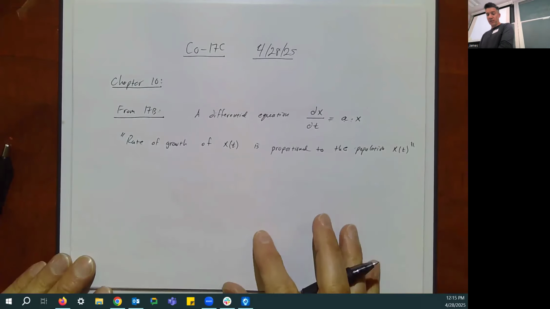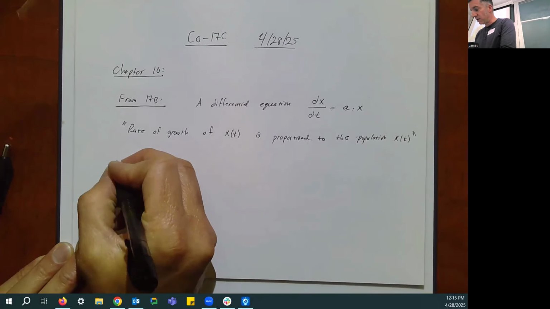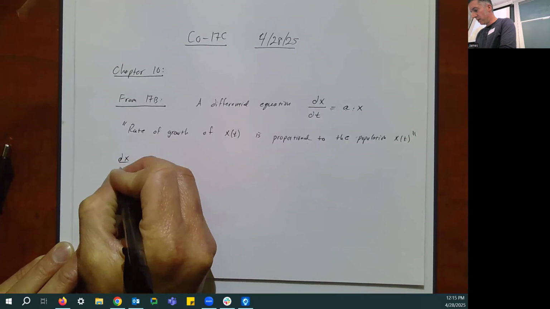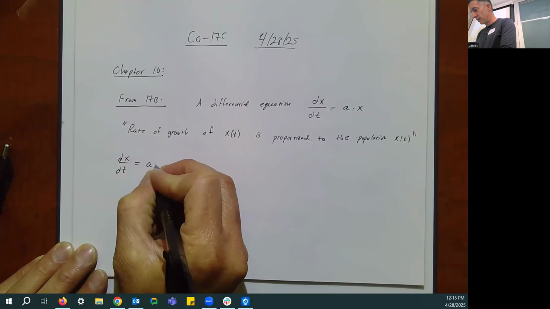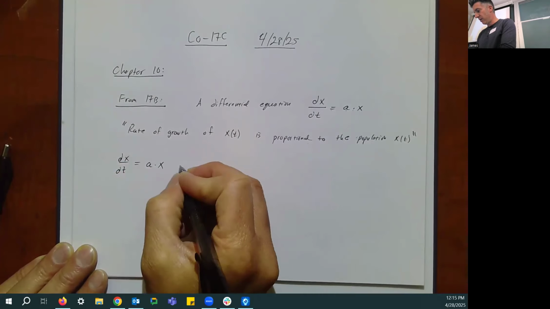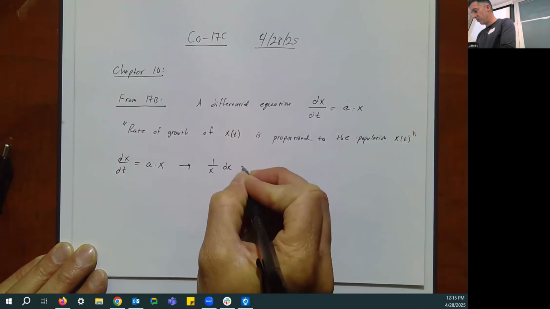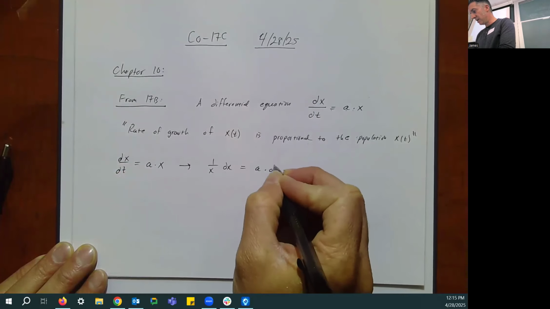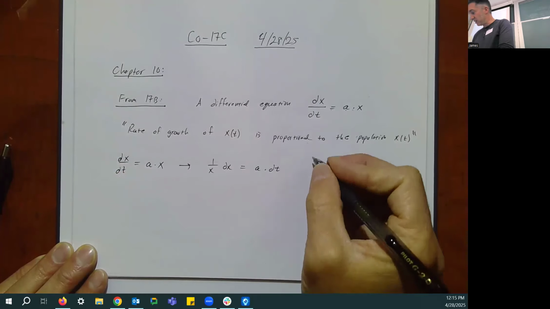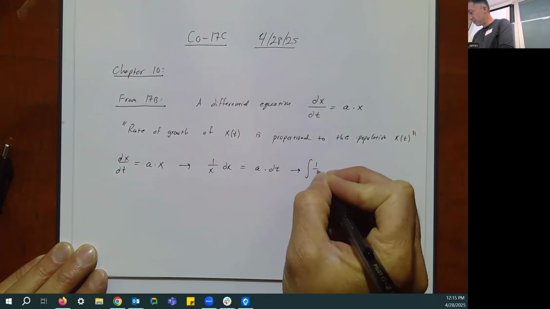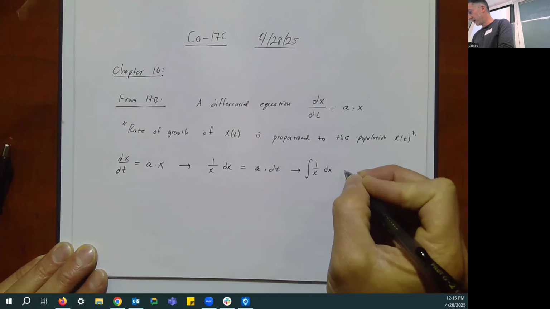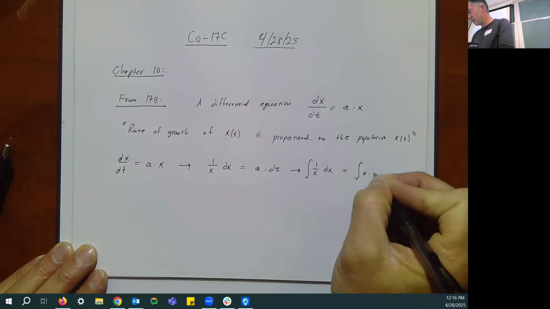We can also see this just by solving the differential equation. If I solve this differential equation, dx/dt equal to a constant times x, I'm going to separate my variables. 1 over x times dx is equal to a times dt. I'm going to integrate both sides. The integral of 1 over x dx is equal to the integral of a times dt.